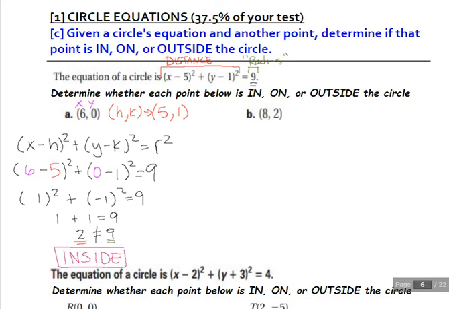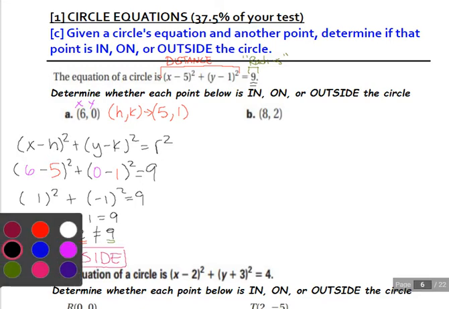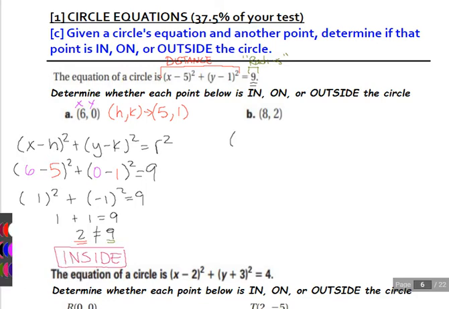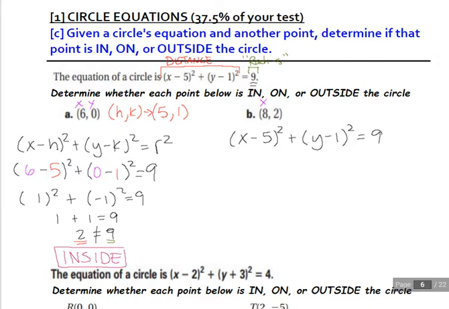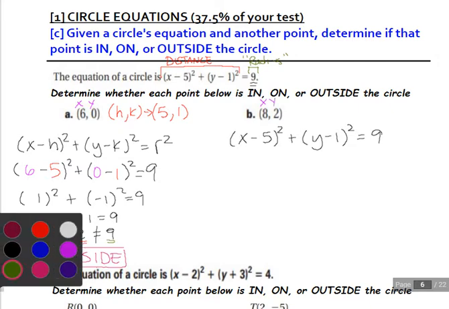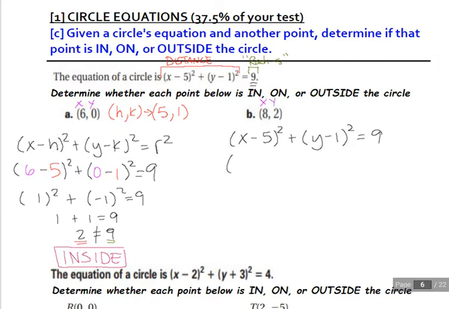And we can use that as a template. In fact, we can even start just with the equation itself, so we don't have to go all the way back to the general equation, because this is already pre-substituted for us. All we really have to do is substitute in this x and y value. So we have minus 5. We have 8 here, and we have 2 there.